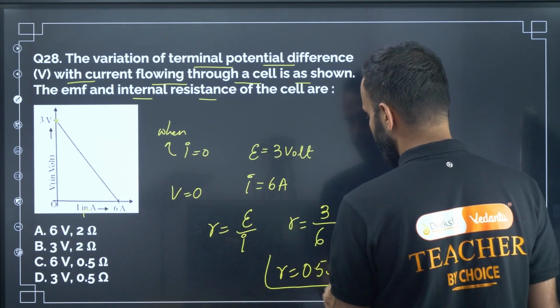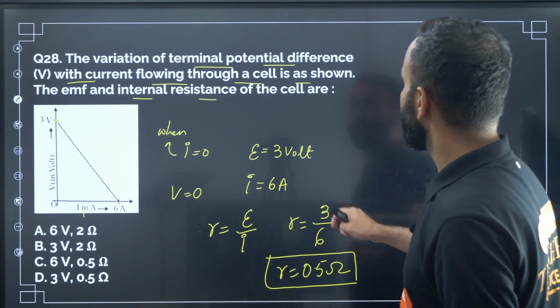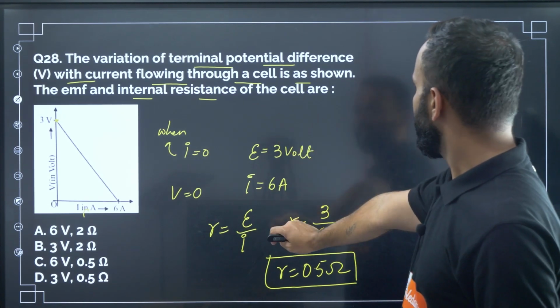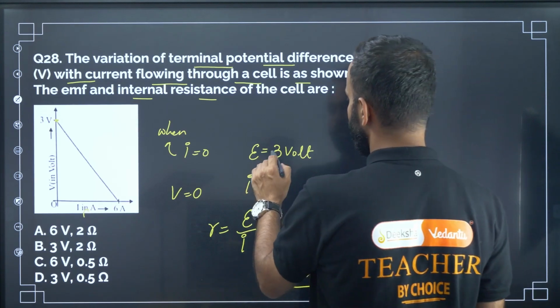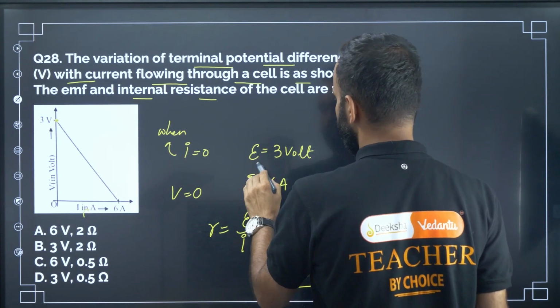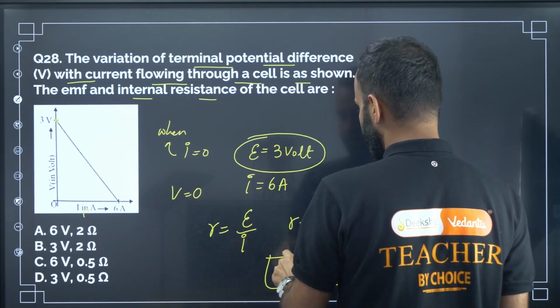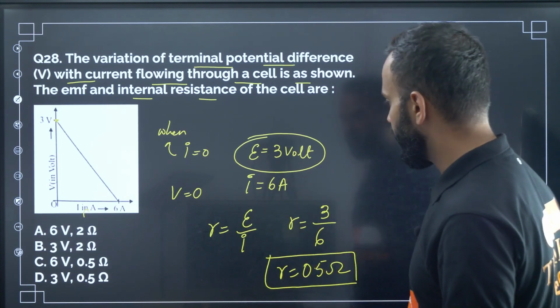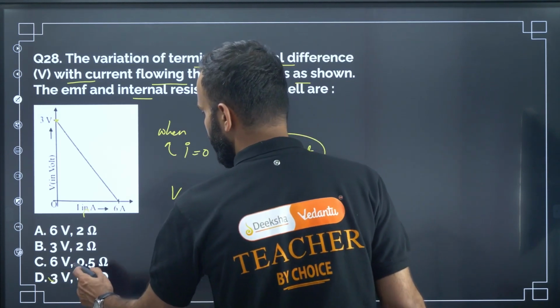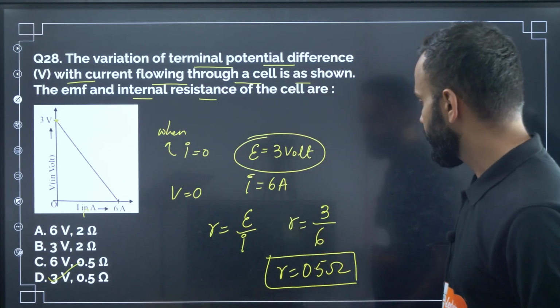So here the terminal potential difference V is 3 volt, and internal resistance 0.5 ohm. So the correct option is D, 3 volt and 0.5 ohm.